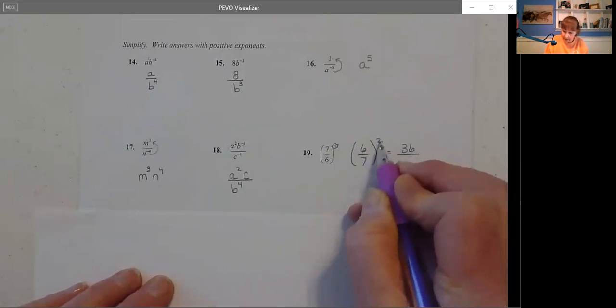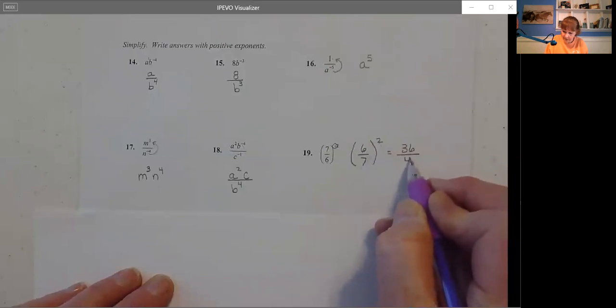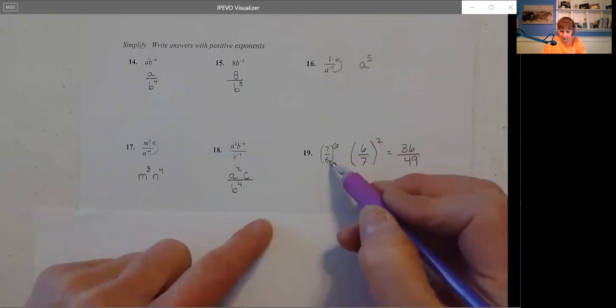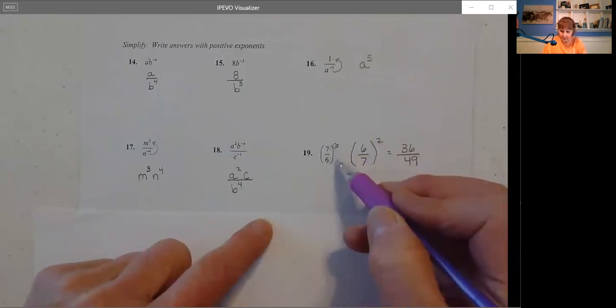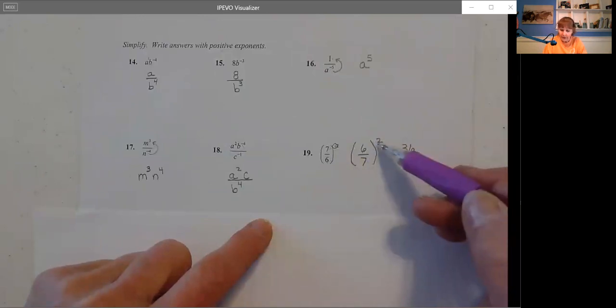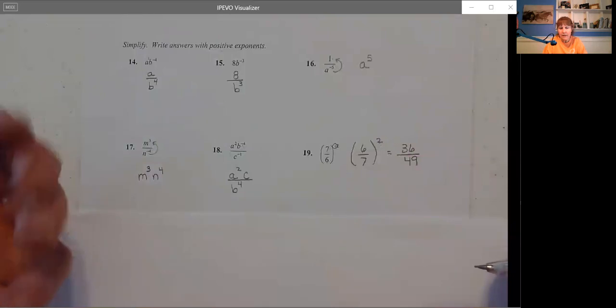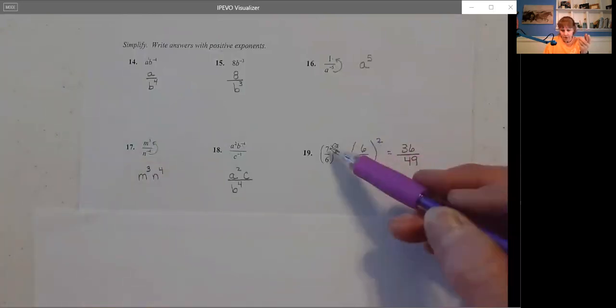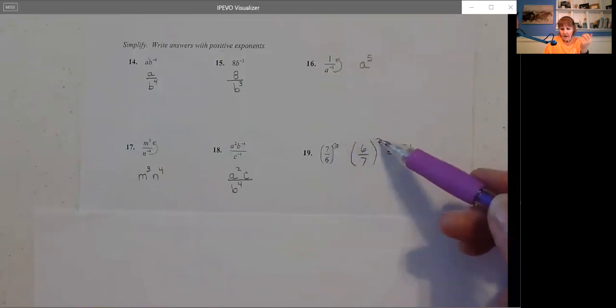You square this and you square that. And there's your answer. So that negative flipped it. The 6 comes up and the 7 goes down. And that's how you got rid of the negative exponent. And then I squared them. To me, it's a little easier to flip it, or change their position, and then square it.